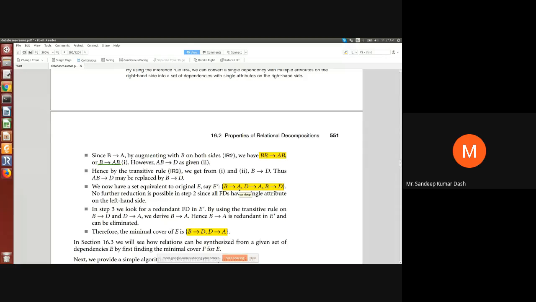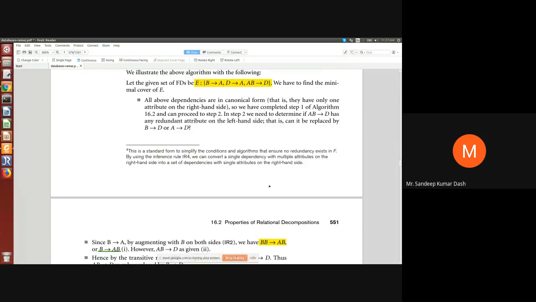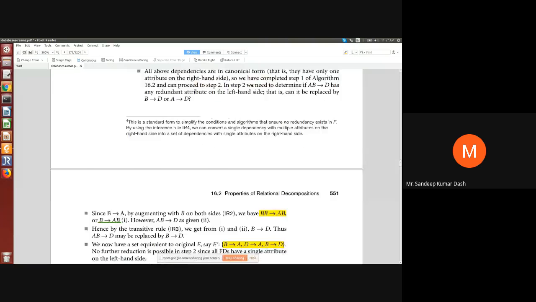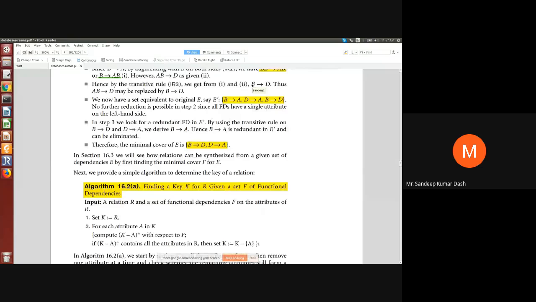Here, you are removing the functional dependency itself. In step 2, you are removing the redundant attribute, which was A. Then in the third step, you are removing the redundant functional dependency, which was this. This is not required because you can always derive this one from these two. Fine. That was the concept of minimal cover.